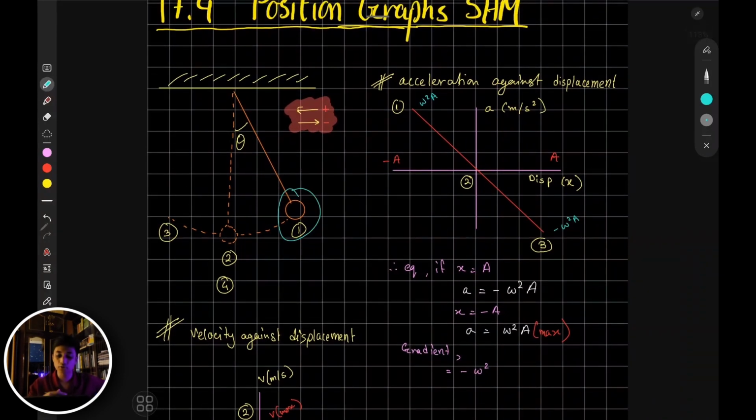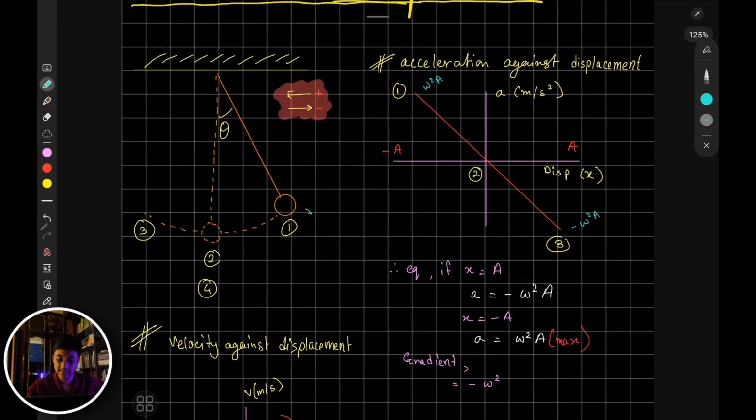At the topmost position, the maximum displacement, displacement is equal to the amplitude, or x naught, because the displacement from equilibrium is the maximum.